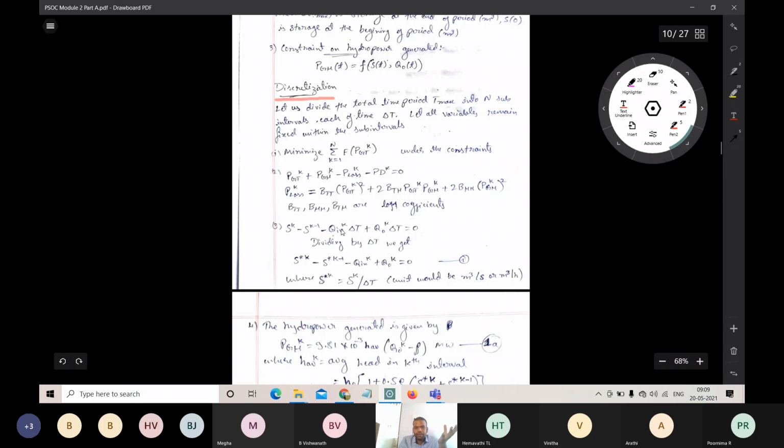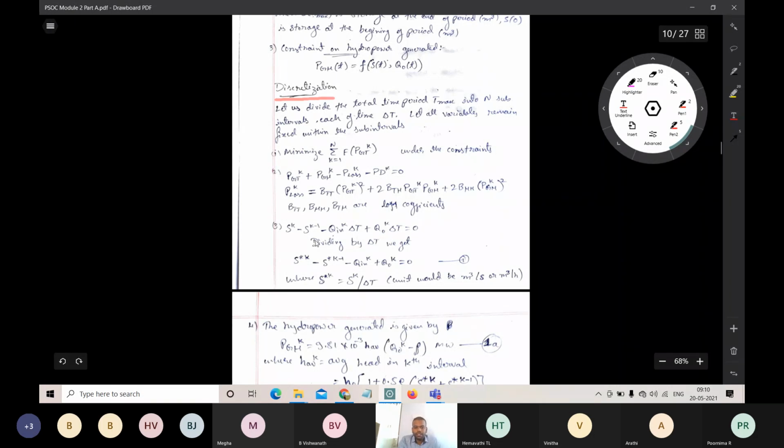So here we can rearrange the equation. The total amount of water stored, S k, is equal to S k minus 1 plus Q in delta k minus Q naught delta k, just sending these terms to the right-hand side. Like that, we can determine the quantity of water available, that is S k.